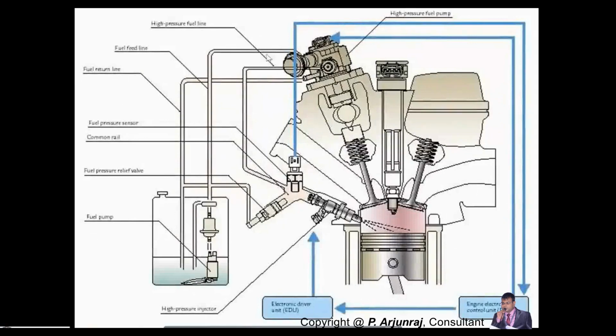And you have the fuel line, basically the high pressure fuel line I told you. And you even have the fuel return line. Based on the pressure regulator, it comes back to the tank, and it is completely operated with the help of the ECU based on the signal, based on the inputs it gets.